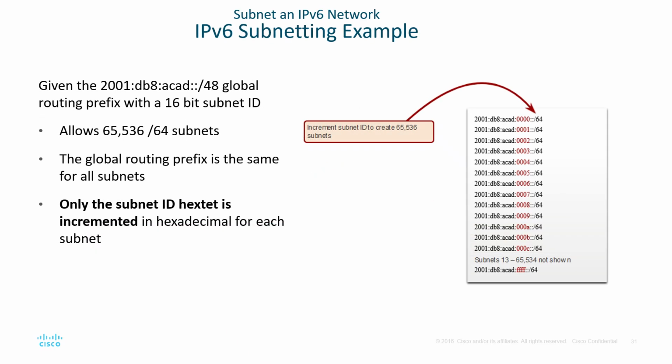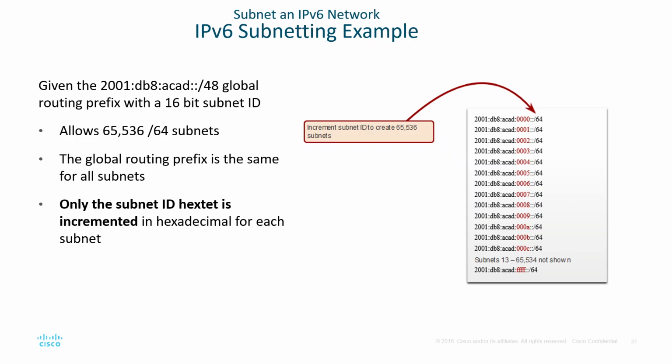So look how easy it is here. Rather than doing all the bits and borrowing and creating all this other stuff that you have to do in IPv4, you simply start counting. And you get 65,536 subnets with 65,536 addresses.